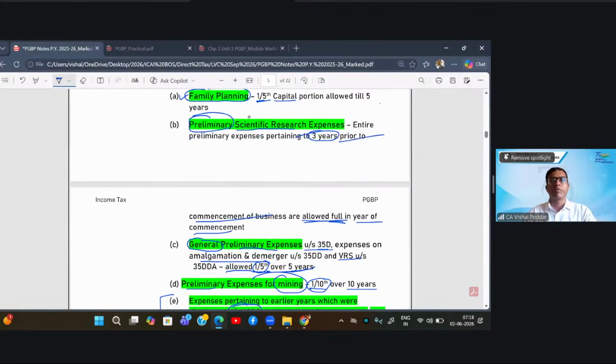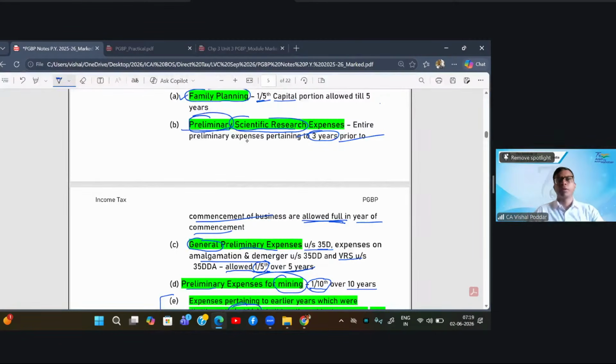Similarly, for scientific research, where you have done any research even before commencement of business. Let us say you are starting your business in 25-26, but expenses were incurred in 22-23, 23-24, because on the basis of this research, you invented something, and on that basis, you started your business.